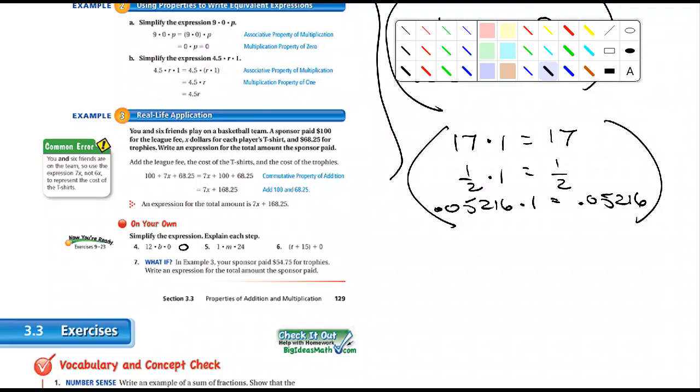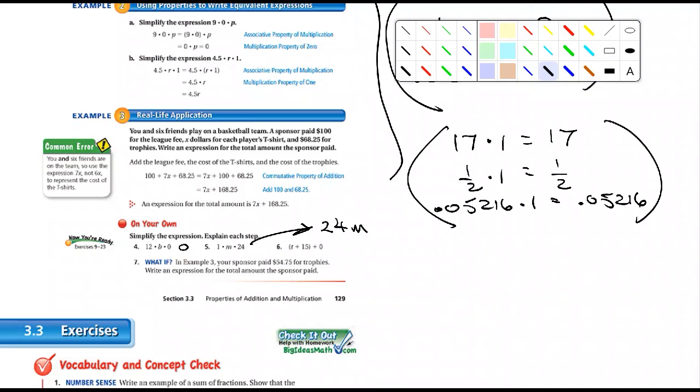And then 1 times m times 24. Again, I'm not quite sure what they're looking for in something like that. I think it would just be 24m. Yeah, because the third product is 1, and anything times 1 is itself.